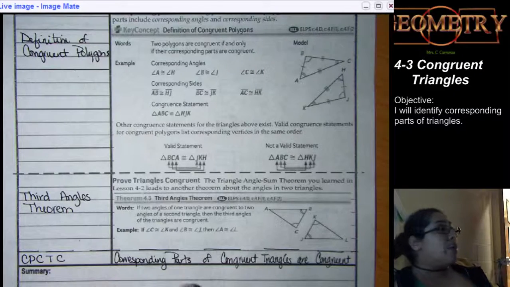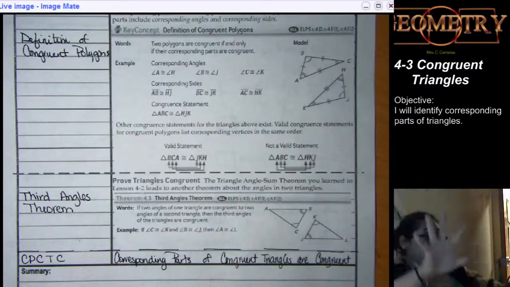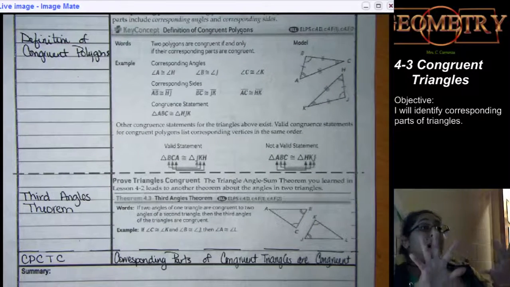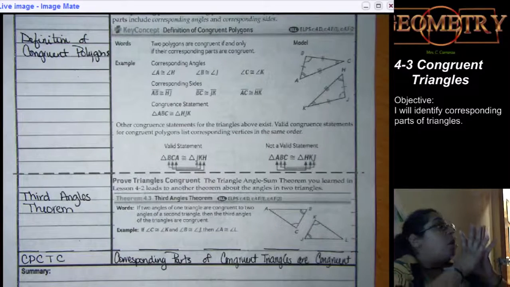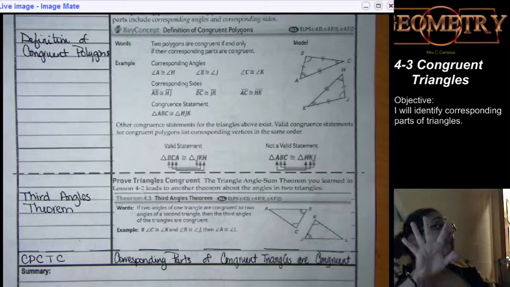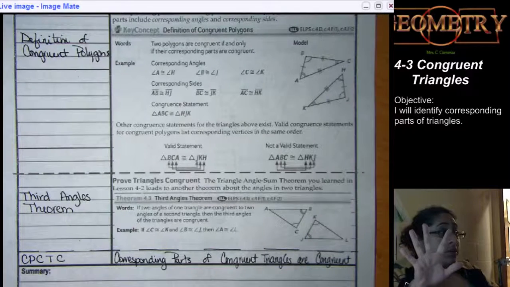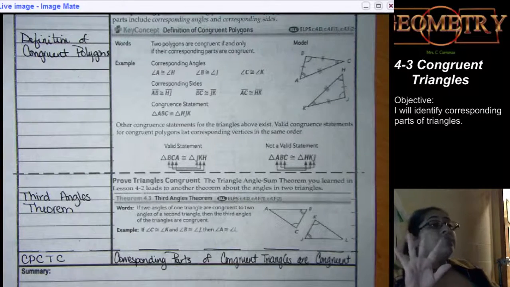What this one sentence is trying to say is this. If I have two shapes, like my hands, and I can show that all of those corresponding parts are congruent, then I can say that the shapes themselves are congruent. Make sense, Mr. Aja? A little bit. It also says this.